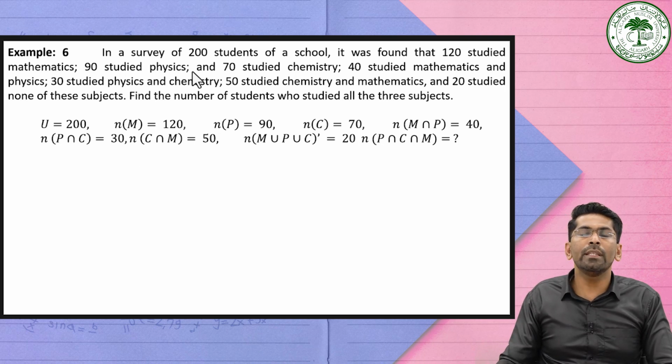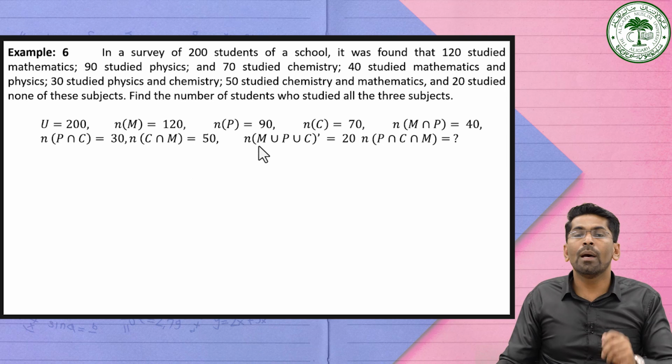Using this information, the number of elements in M is equal to 120, in P it is 90, in chemistry it is 70, in M intersection P it is 40, in P intersection C it is 30, and in C intersection M it is 50. The last information given is that 20 studied none of these subjects.